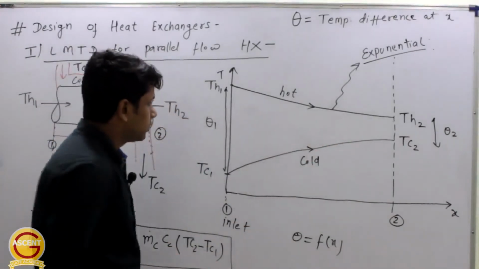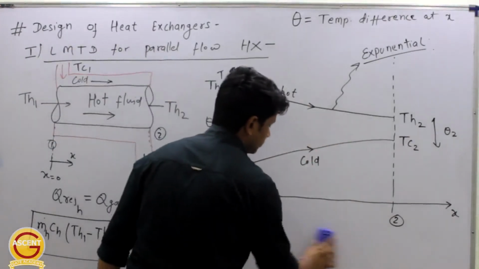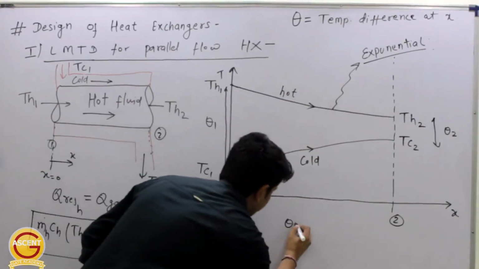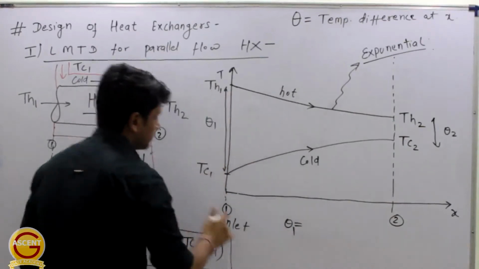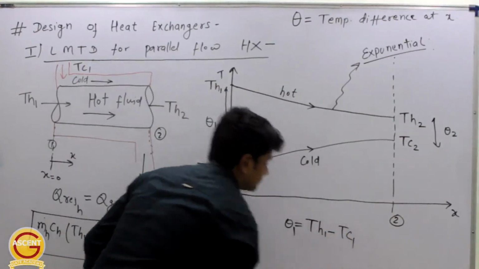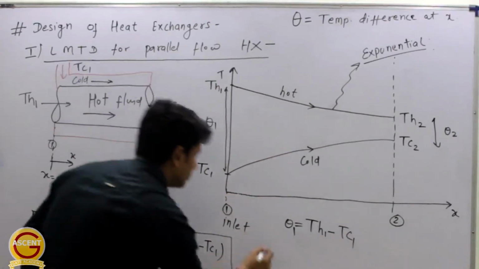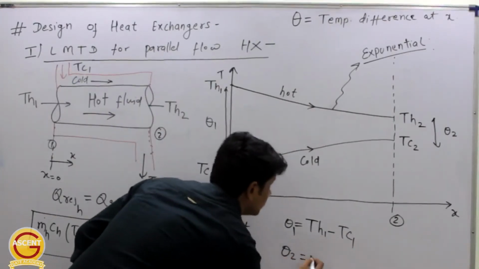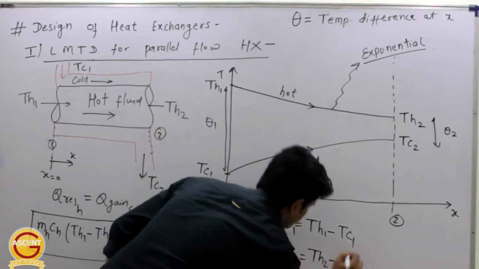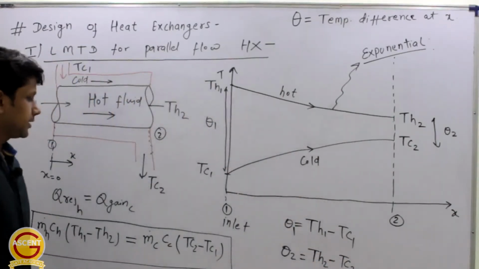So can you write down these values of theta1 and theta2? It's easy, right? So theta1 will be what? It will be Th1 minus Tc1. Right? Theta2 will be what? It will be Th2 minus Tc2. Correct?